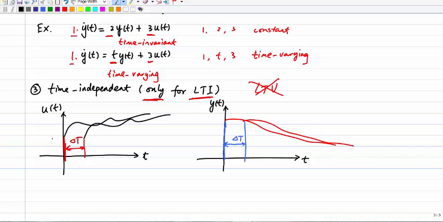You can also shift to the left. It means it doesn't matter where you start: if you give the same shape of input, you will have the same output, shifted by the same amount. This is called the time-independent property for the linear time invariant system.